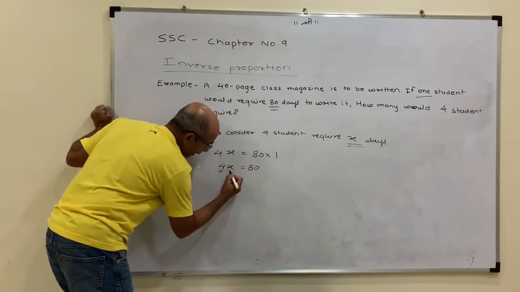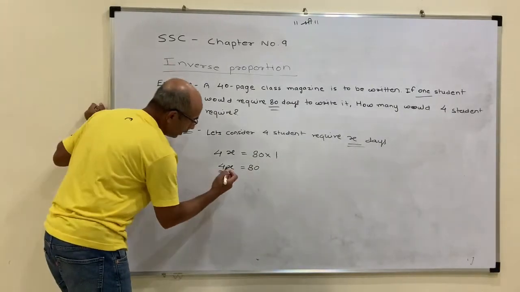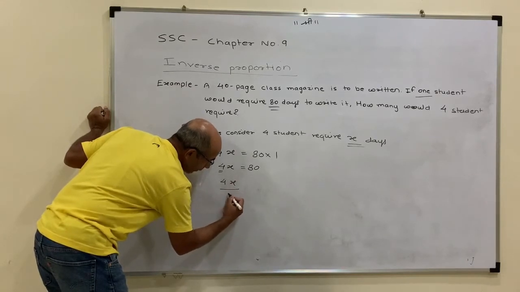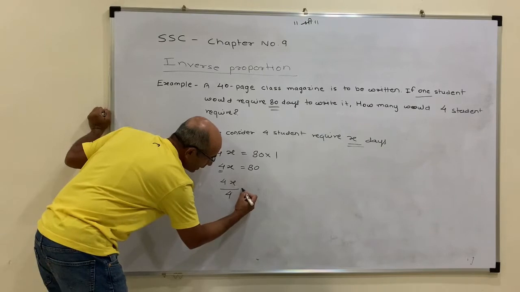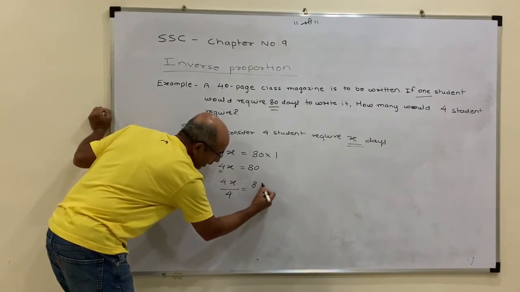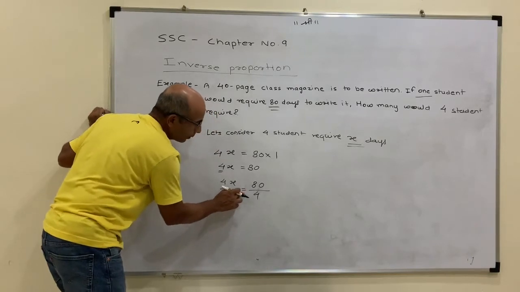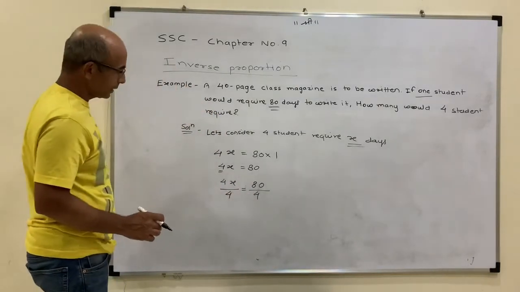Now I need to find the value of x, so I need to get rid of this 4. Since 4 is multiplied, I'll be dividing by 4 on the left hand side. And since I'm dividing on the left hand side, to maintain this equality I have to divide on the right hand side as well.